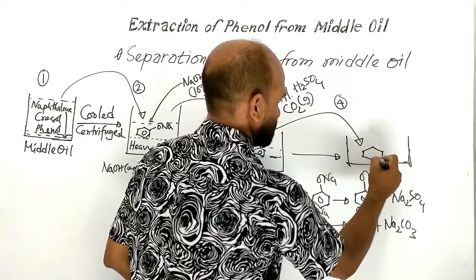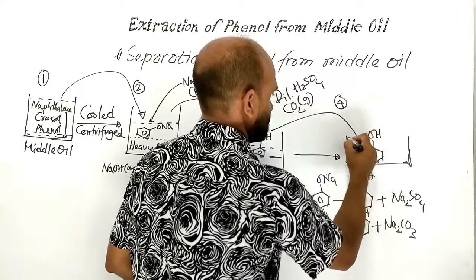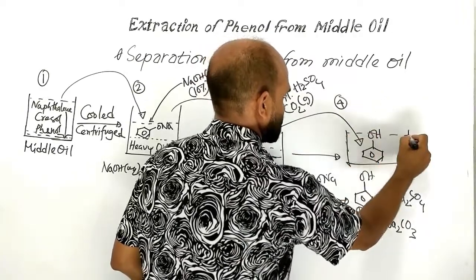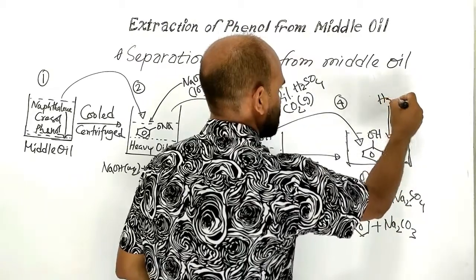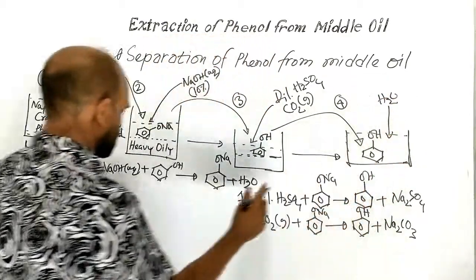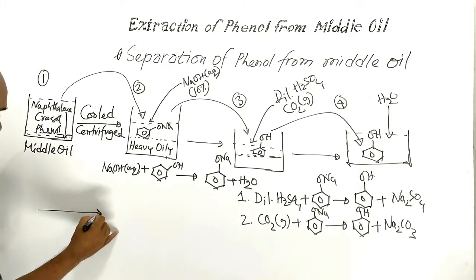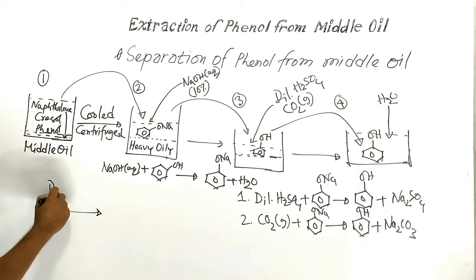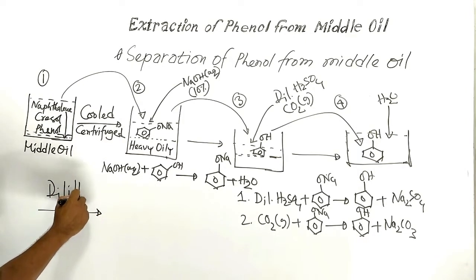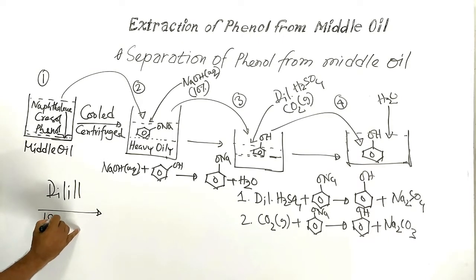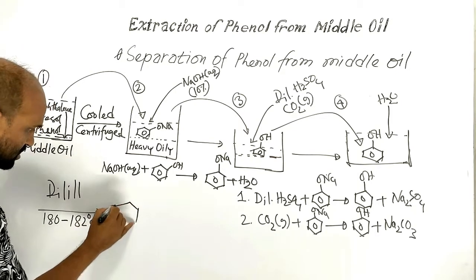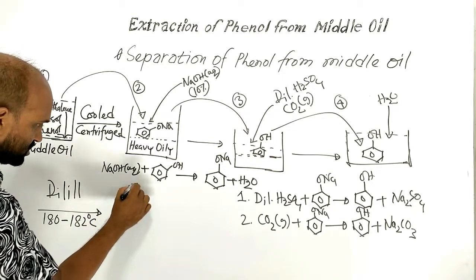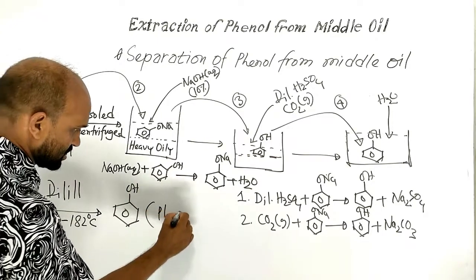The layer of phenol is washed with water properly first, and after that it is distilled at 182 degrees Celsius temperature. Then phenol is obtained as distillate.